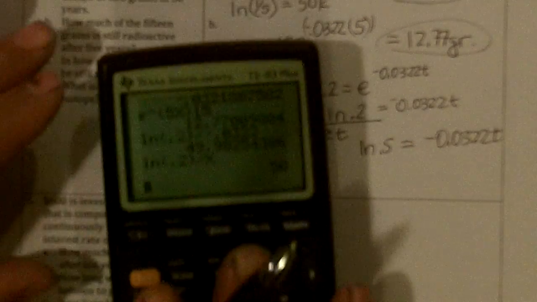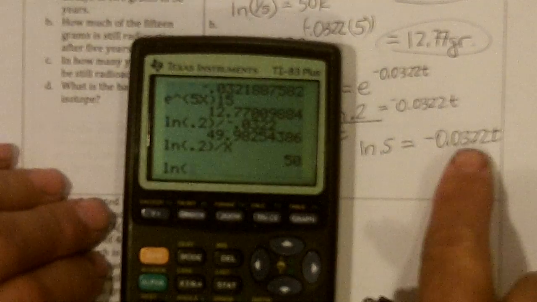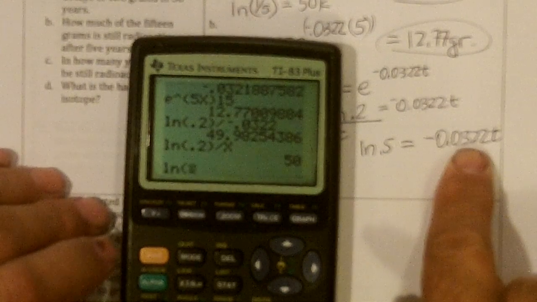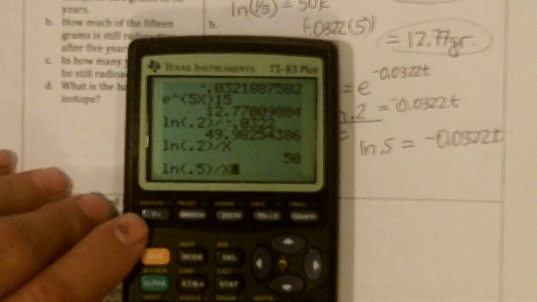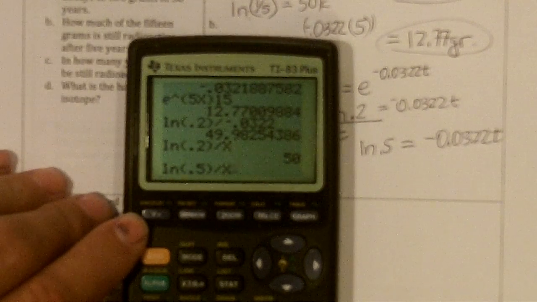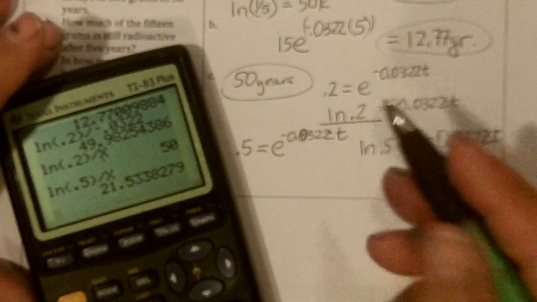Since I stored that coefficient in x, it'd be ln 0.5 divided by x. That's the negative 0.0322, and I get 21.5 years.